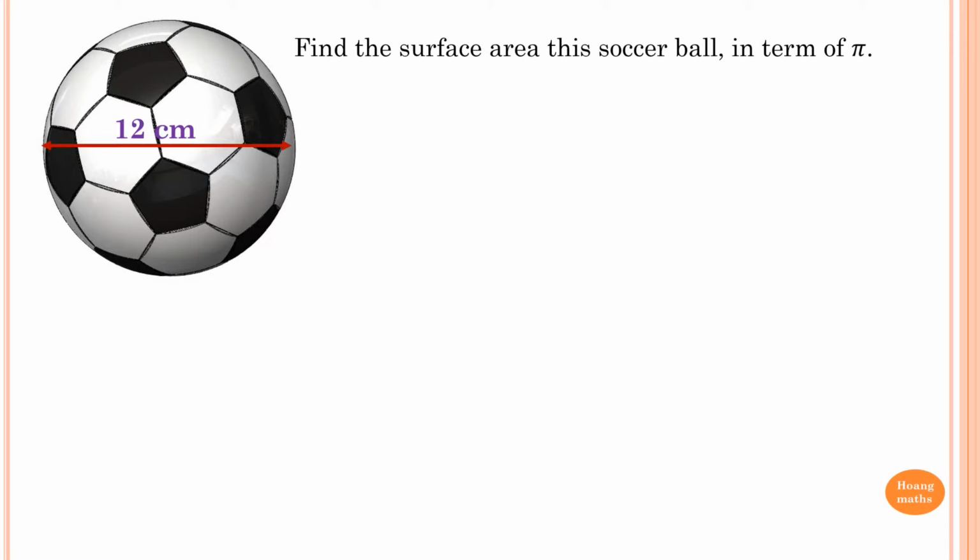Please pause the video and try this one yourself. We know that the radius r of this soccer ball is half of the diameter, but the diameter is 12. So therefore, the radius is half of 12, which is 6. And we know that the surface area of a soccer ball, because it is a sphere, is 4 pi r squared.